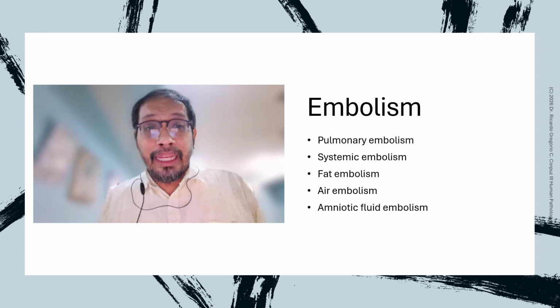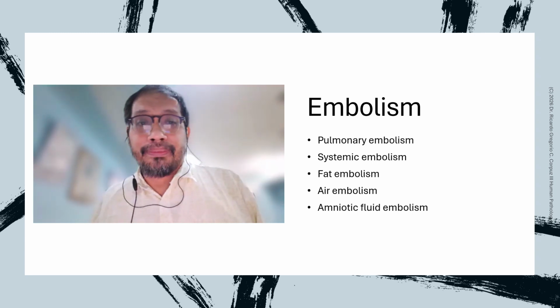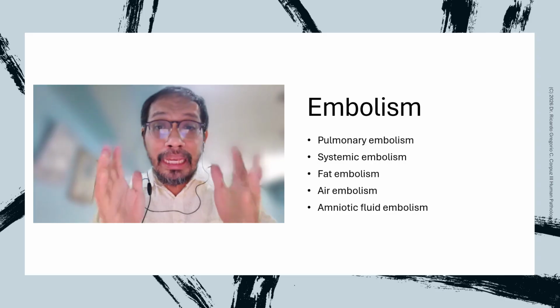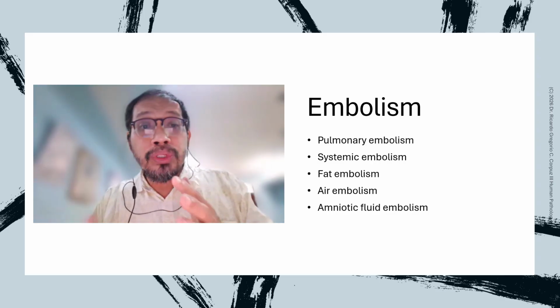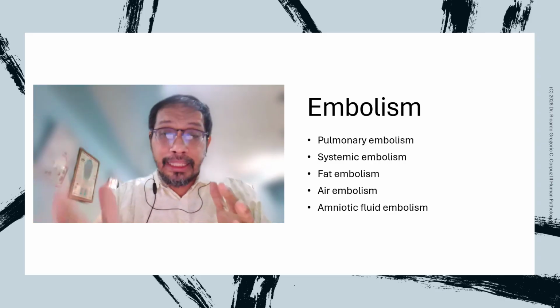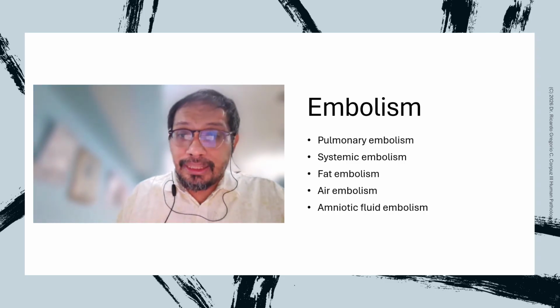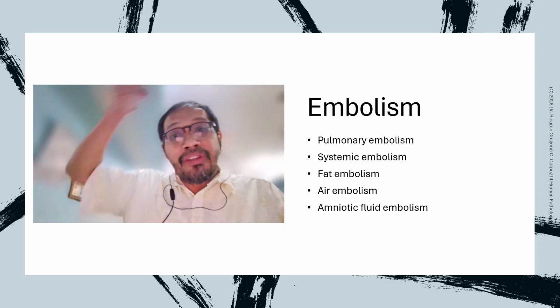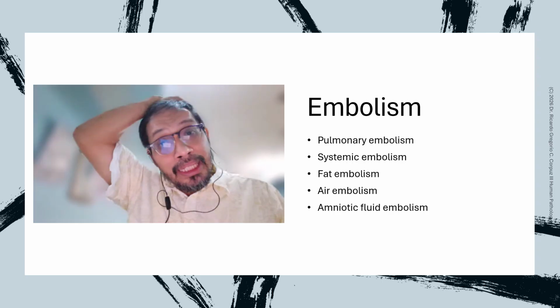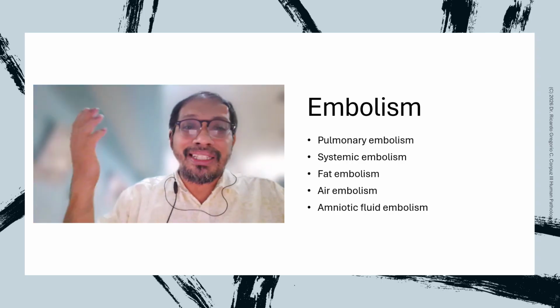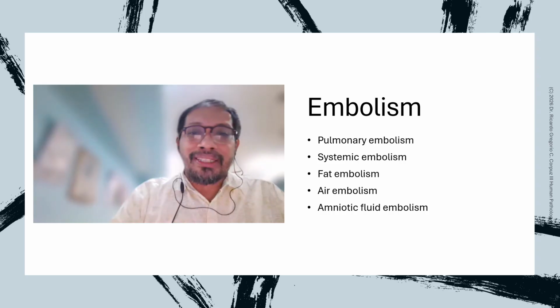Pulmonary embolism and its clinical impact. So, pulmonary embolism is one of the most frequent and clinically significant forms of embolic disease. Most originate from deep vein thrombosis in the legs and travel to the pulmonary arteries.